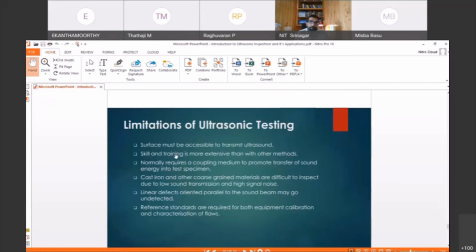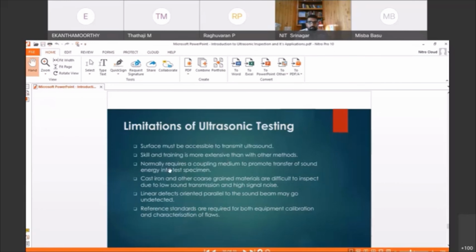Skill and training is more comprehensive than for other methods. Extensive skill is required and more understanding is required. And normally a coupling medium is required to promote transfer of sound. As I told, a couplant kind of medium is required for ultrasonic testing. And if you see cast irons and austenitic stainless steels, these have coarse grain structures.